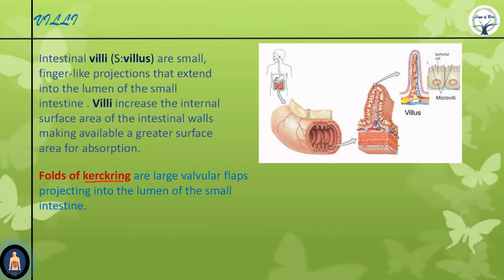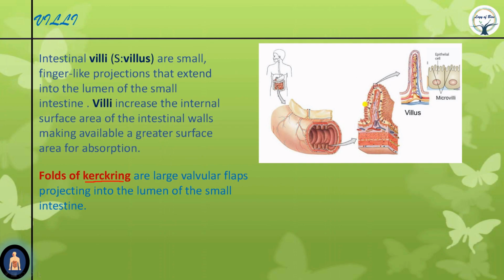Villus is singular and villi is plural. These villi are covered by epithelial cells, and each epithelial cell has tiny finger-like projections known as microvilli. So our intestines have tiny folds known as folds of Kerckring. This is the fold of Kerckring.